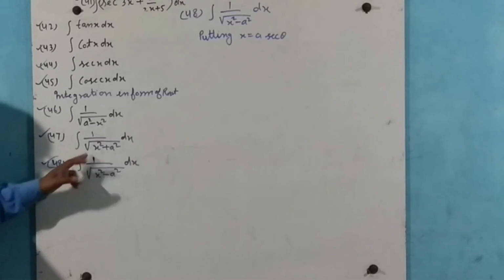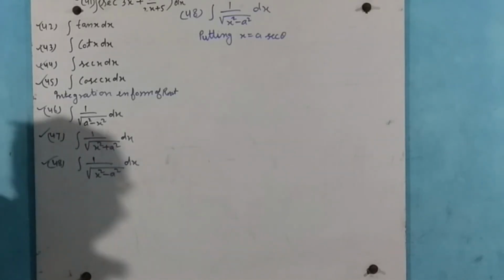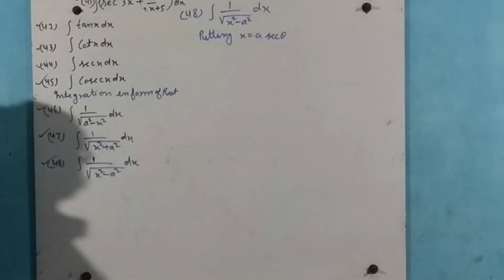Integration of 1 by under root x square minus a square dx.